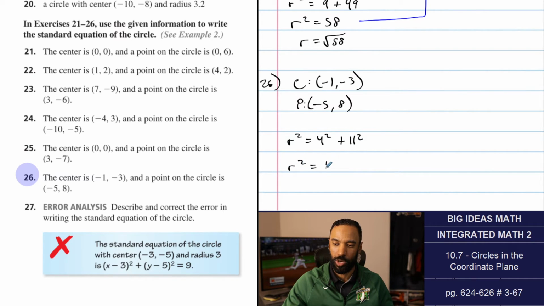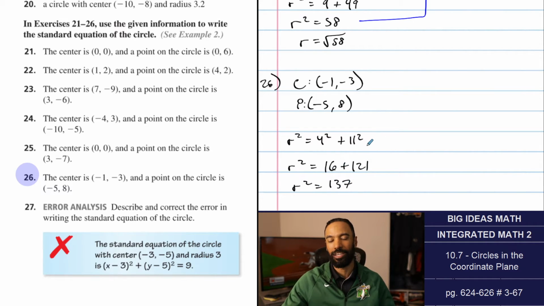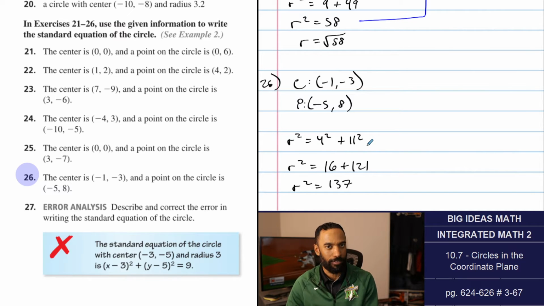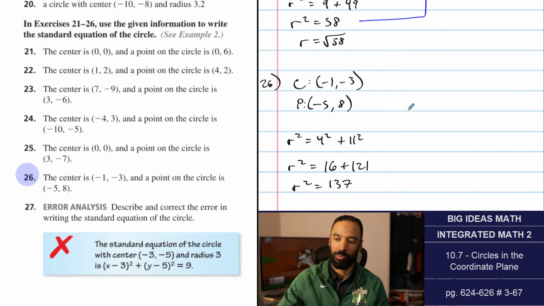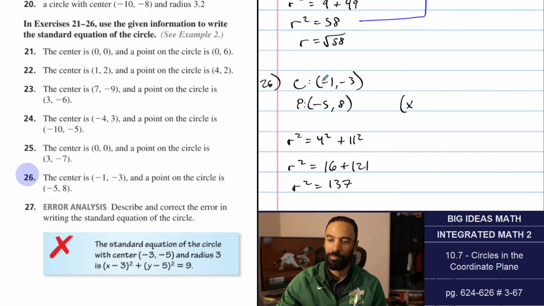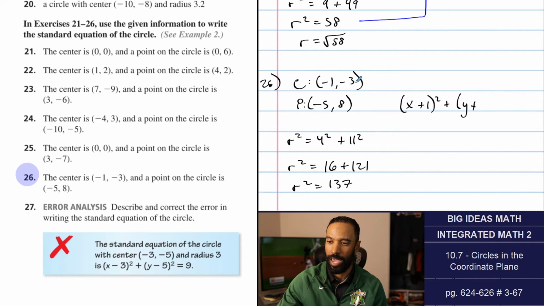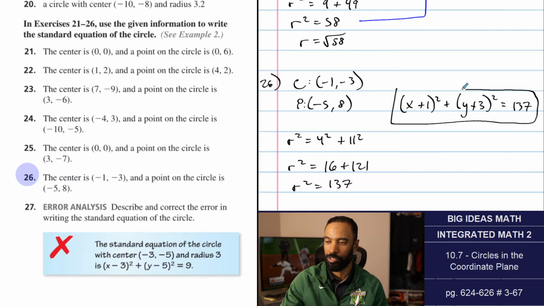Once again, not a Pythagorean triple. Here's the thing. Once again, I only need r squared. 137. I do not need the square root of it. My equation will ask me for the r squared. So I can use x plus 1 quantity squared plus y plus 3 quantity squared equals r squared. Remember, you don't have to square that value. It's already squared.